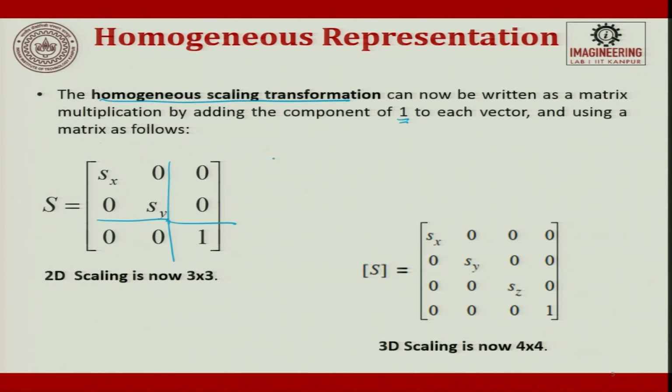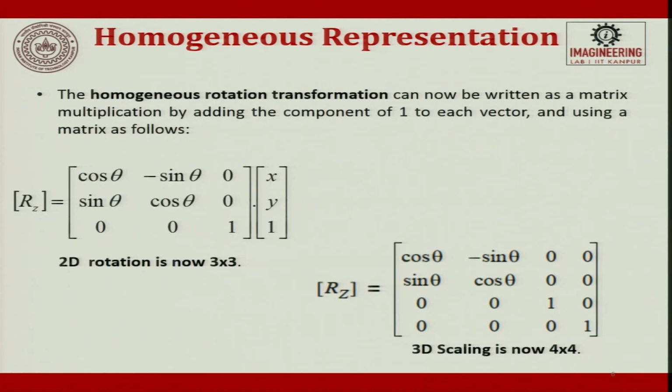As I said earlier, Sx can be equal to Sy, or Sx need not be equal to Sy. So, these are the possible cases which you can have in scaling. Here this is something like a shearing matrix, a shearing operation you can try to do.